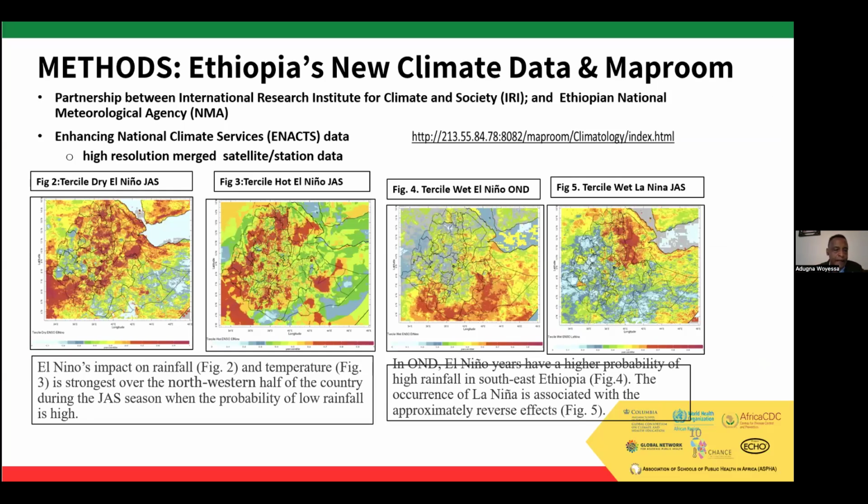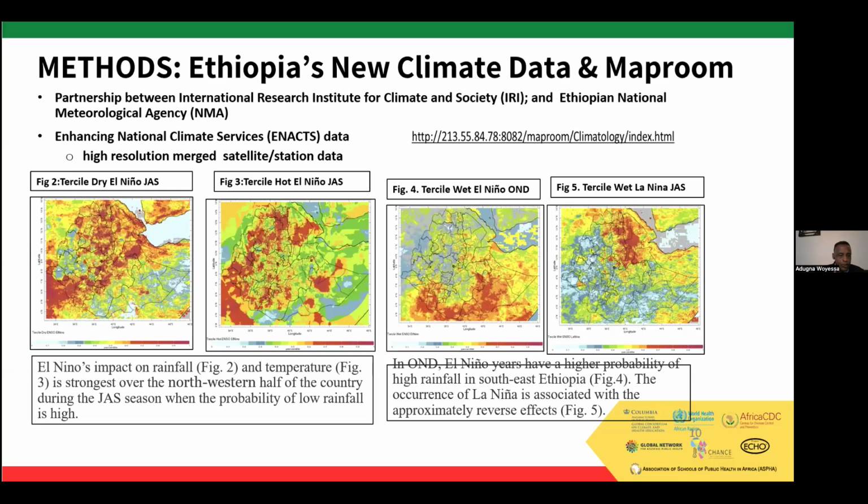Yeah, this is what we have managed to generate. As you can see, the partnership between the International Research Institute for Climate and Society at Columbia University and the Ethiopian Meteorological Agency, which is renamed the Ethiopian Meteorological Institute this time. We have this ENACTS data that is high resolution merged satellite and station data. And you can see these figures. This is what we have generated.